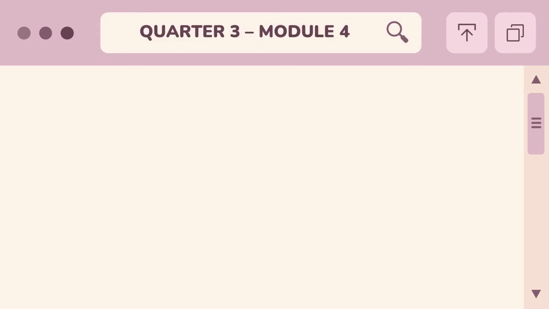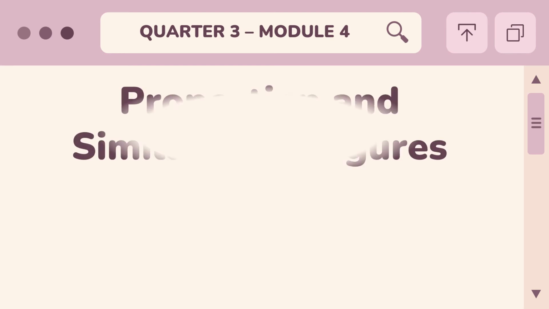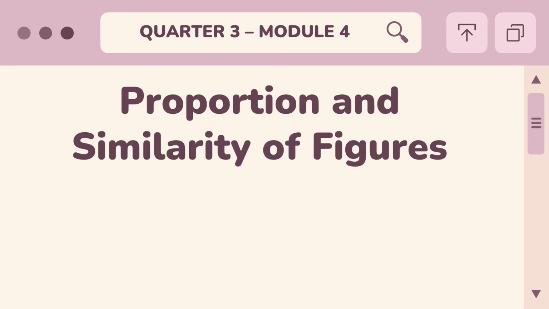So we're still in the third quarter of this school year, and we are now in week 4. We are currently making use of module number 4, entitled Proportion and Similarity of Figures. Within this video lesson, we are to achieve the following objectives.